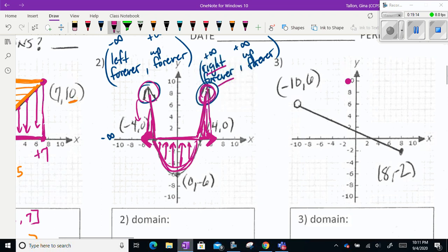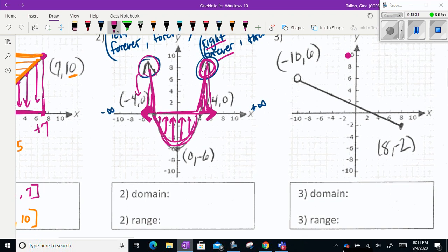So the domain of this graph is actually negative infinity all the way to positive infinity, and this should be labeled positive infinity over here, right? Okay, so domain here, there's a bunch of different ways I can say it. I can say negative infinity to positive infinity. I'm going to write it right here, negative infinity to positive infinity.